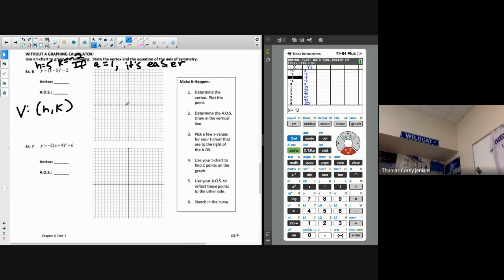I'm going to go ahead and graph that. 1, 2, 3, 4, 5, -2. Axis of symmetry then is going to be this imaginary line right here, which is x equals 5.